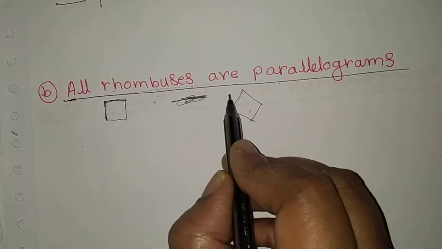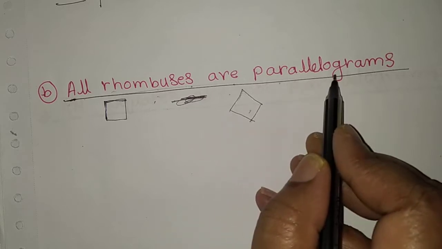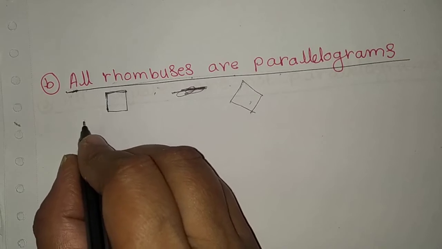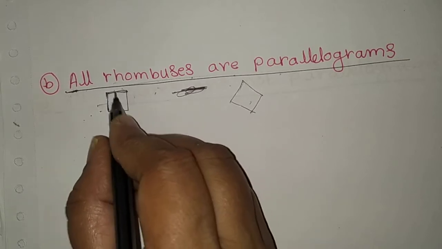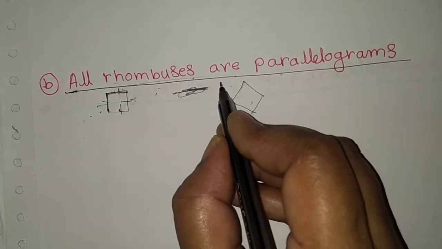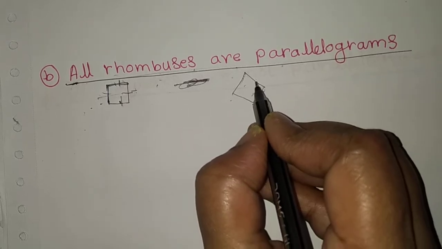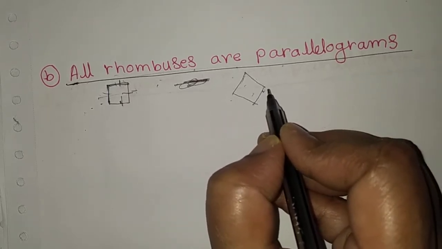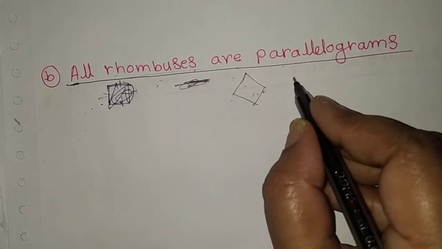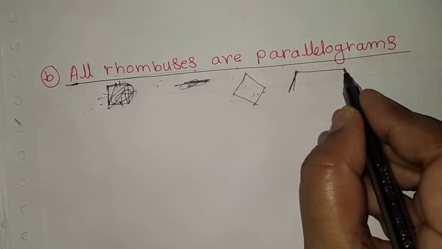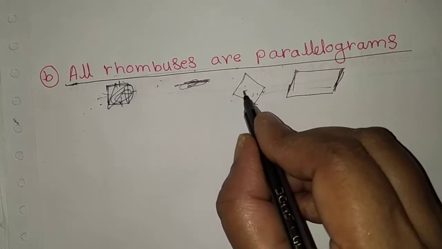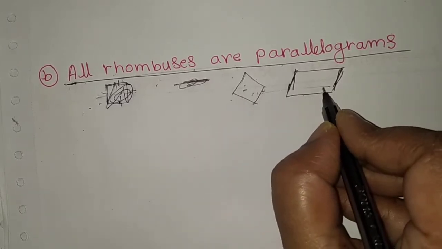So the question given is all rhombuses are parallelograms. What is the answer? First we'll see rhombus. Squares mean all sides will be equal. Sorry, this is a rhombus and I'll take a parallelogram. This is a rhombus and this is a parallelogram.